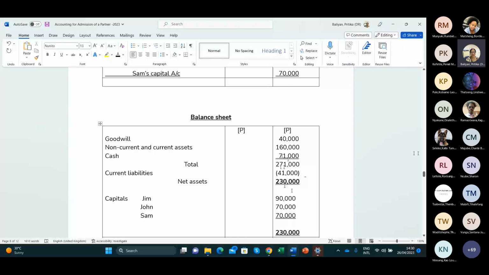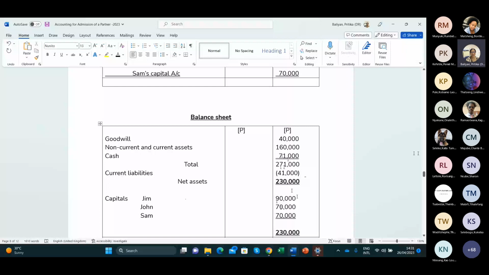And then the capital. Zim provided 70,000 as capital plus he gets 20,000 as a portion of goodwill. So his total proportion is 90,000. John provided 50,000 plus 20,000 as a proportion from the goodwill because they share the goodwill of 40,000 equally.